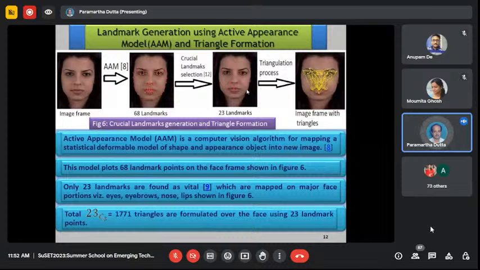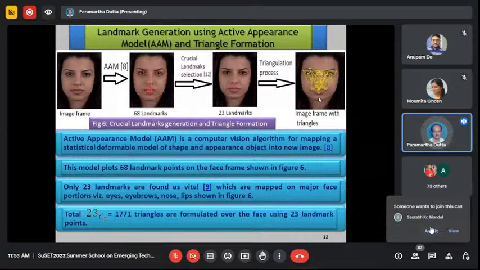Since 23 landmark points are there, 23C3 different triangles can be considered. How many distinct triangles are there? Given that 23 landmark points are identified, it is 23C3, which is otherwise a very huge number.